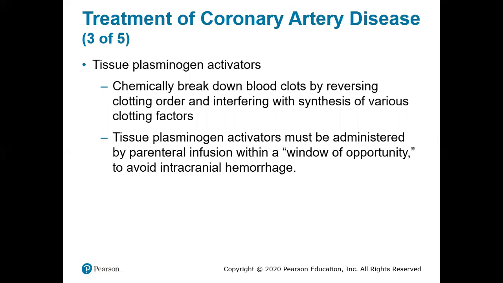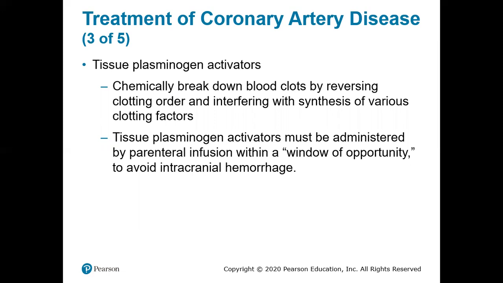Tissue plasminogen activators, or TPAs, are found on page 482 in the textbook. These chemically break down blood clots by reversing clotting order and interfering with synthesis of various clotting factors.